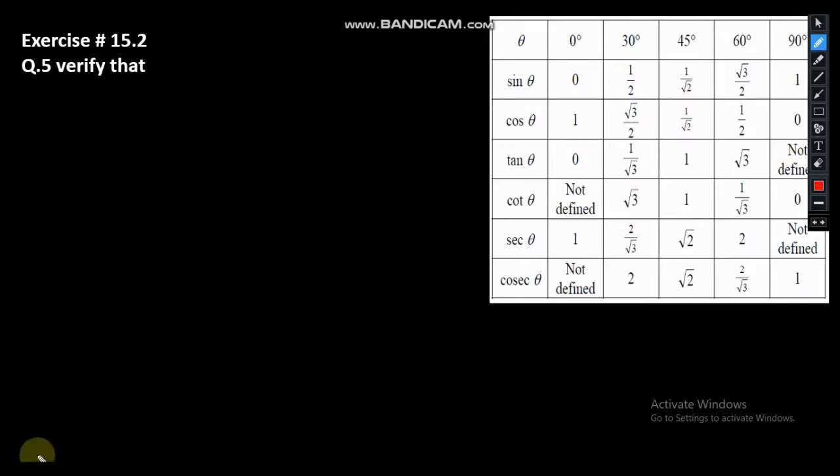Now verify that tan 30 degree plus cot 30 degree equal to sec 30 degree cosec 30 degree.